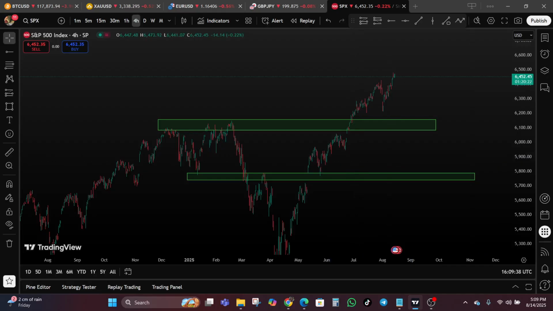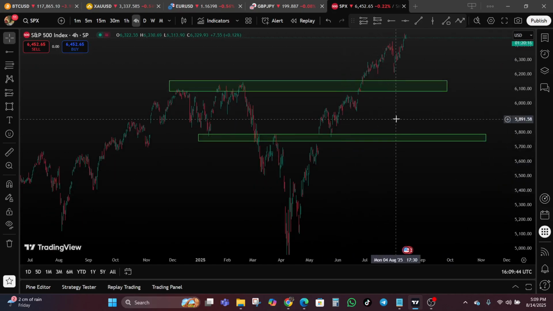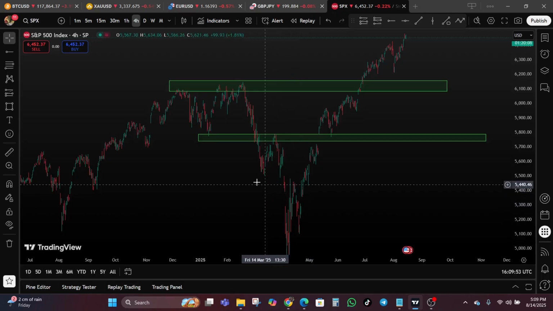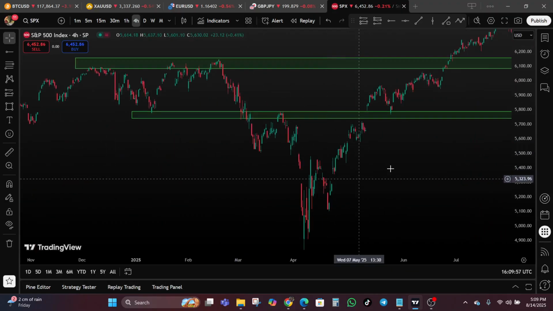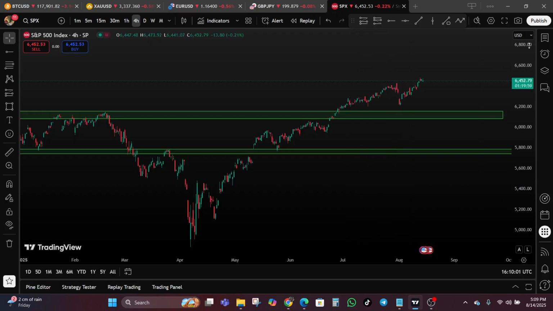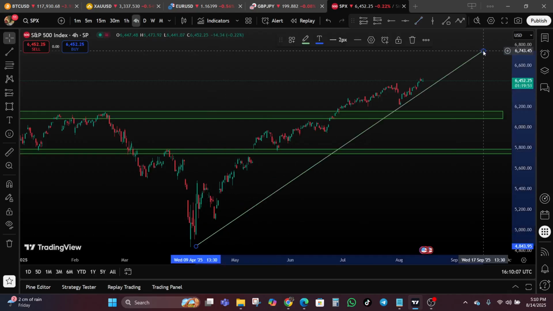Now, let us talk about market structure. Understanding whether the market is in an uptrend, a downtrend, or a ranging market is essential. You need to clearly identify if the market is trending upwards, trending downwards, or consolidating. In this particular example, we can see that the market is clearly trending upwards.